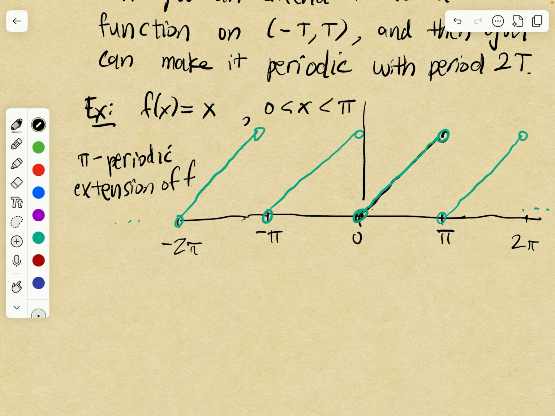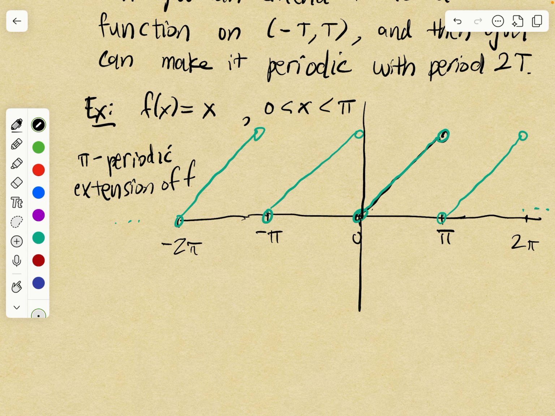Now this function is neither odd nor even, right? Because if you look at the graph, this function does not have 180 degree rotational symmetry about the origin, right? If you imagine rotating everything by 180 degrees about the origin, you will not get the same graph. And it's not symmetric about the y-axis, so this is not an even function.